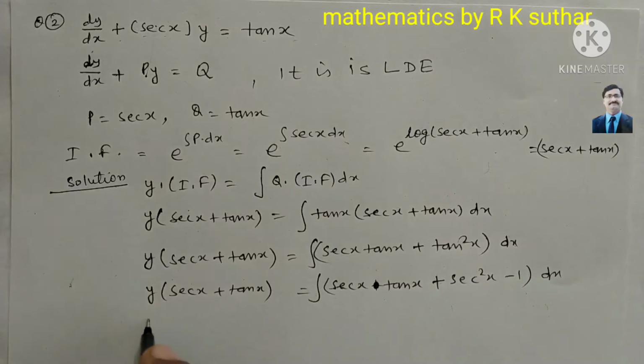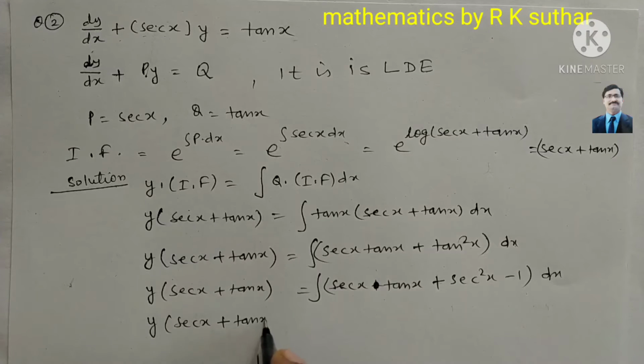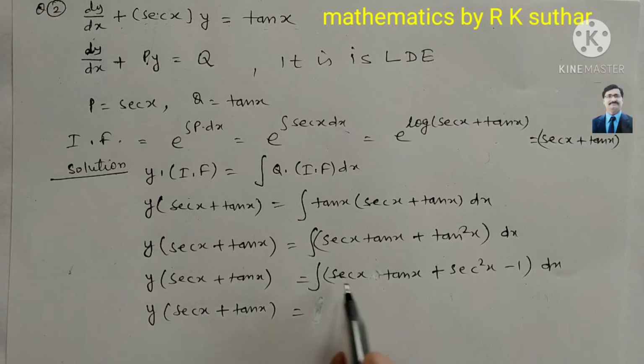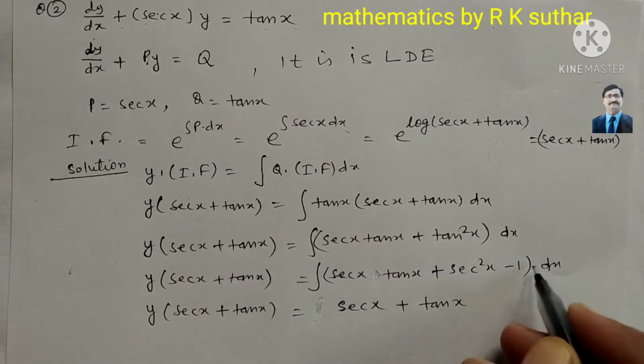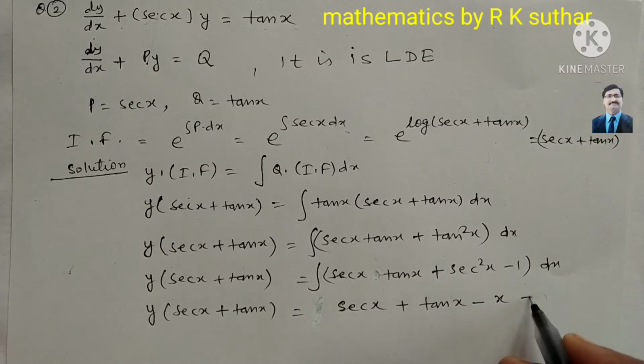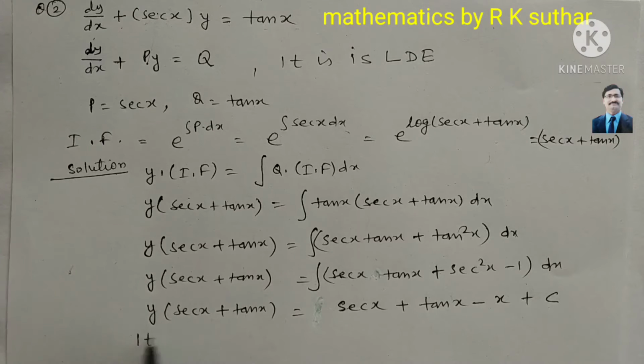Now we write the integral: y(sec x + tan x) equals sec x, since the integral of sec x tan x is sec x, plus the integral of sec square x, which is tan x, minus the integral of 1, which is x, plus c. This is our required answer. All of you understand?